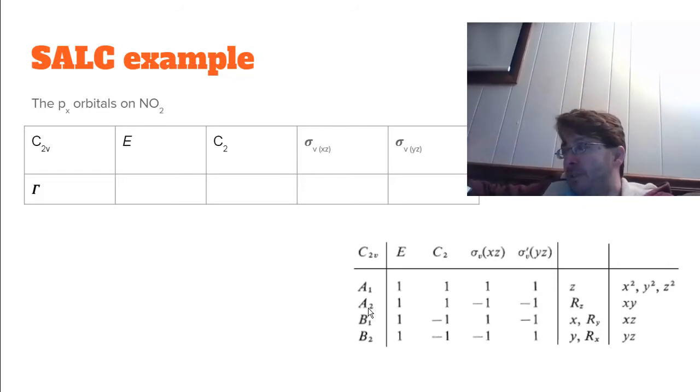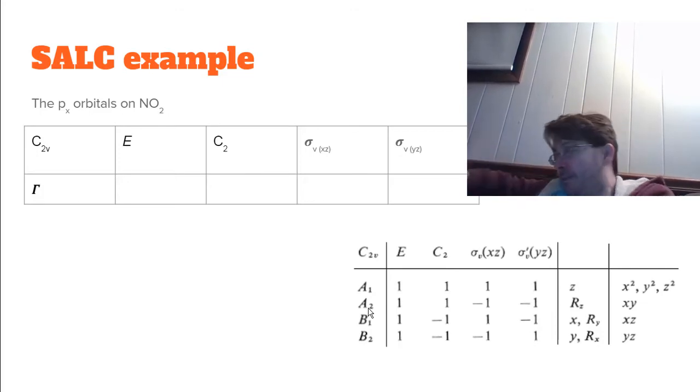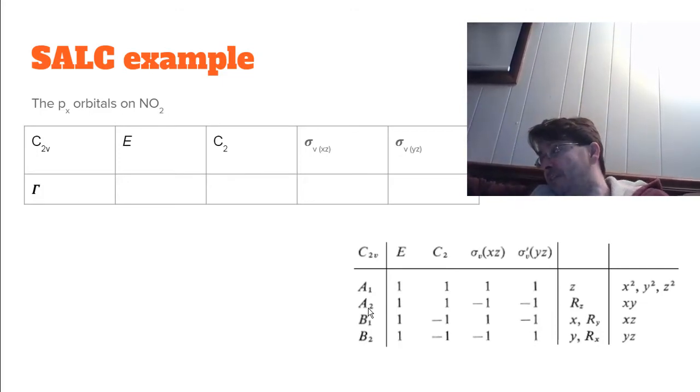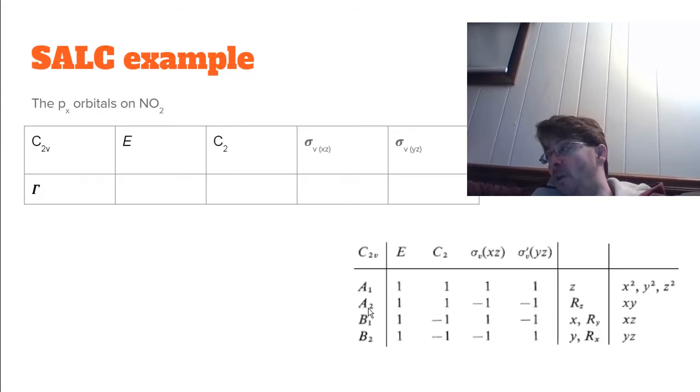So in the back of your book, right around page 857, you can see for the C2V point group, looking down on the A2, that the A2 and the B1 would represent two types of p orbitals, px in this case, aligned perpendicular to the z-axis, and you can see that that's the only two ways you can arrange them.